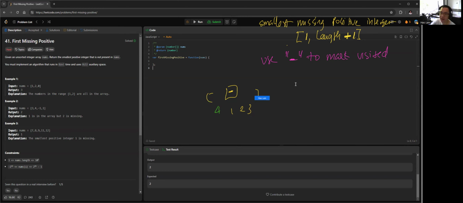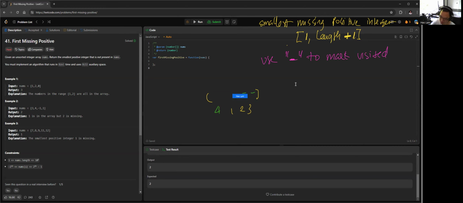And then at the end, if none of the values at any index are positive, which means all of them have been visited, negative, negative, negative, everything is negative here, then the next missing positive must be length plus 1, which is 5.